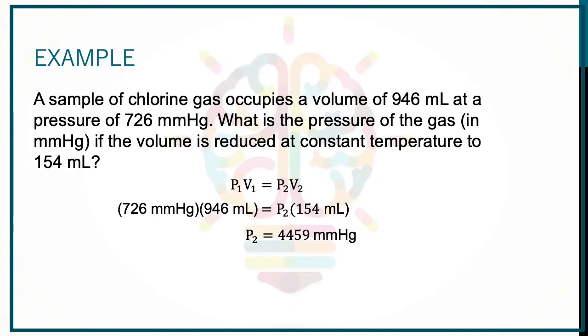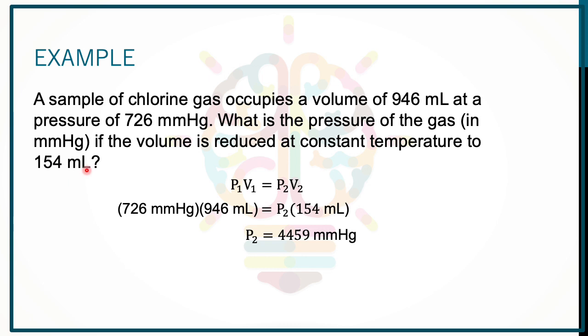This is the example question for Boyle's law. A sample of chlorine gas occupies a volume of 946 ml at a pressure of 726 millimeter mercury. What is the pressure of the gas in millimeter mercury if the volume is reduced at constant temperature to 154 ml?